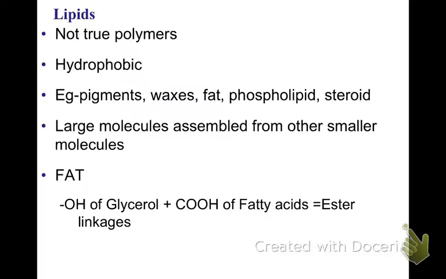Okay. We move to the next macromolecule that we have to discuss in this chapter, lipids. Now, one very important thing about lipids is they are not true polymers, meaning they do not have repeating units.